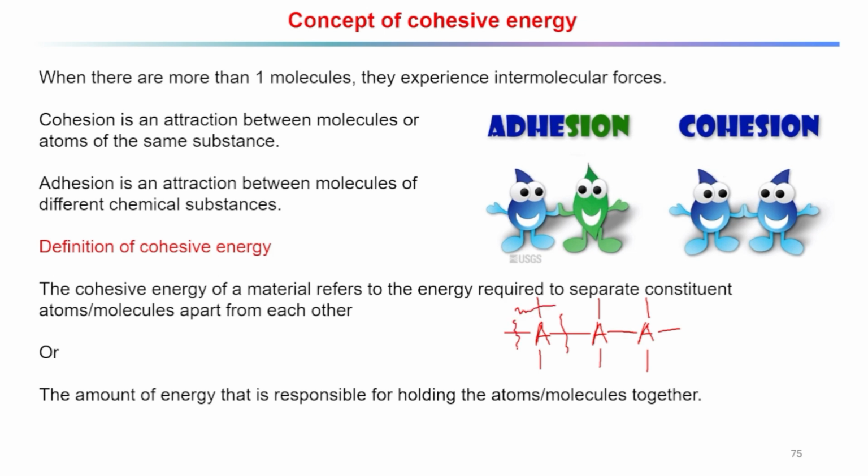You have to supply energy and break all these bonds, then only you can take out this one atom. So the energy required to separate this atom from the rest of its atoms is known as cohesive energy.